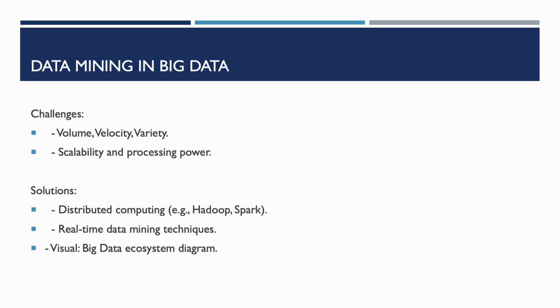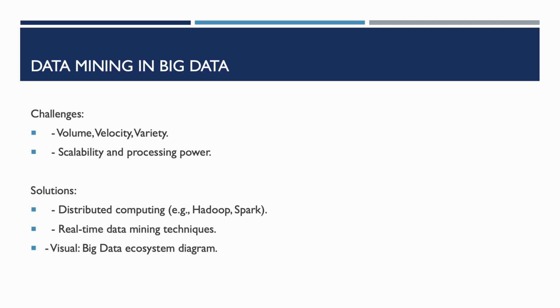Hadoop's HDFS, the Hadoop Distributed File System, stores big data, while Spark's in-memory processing capabilities make it faster for real-time analysis. So one is useful for storing big data, and the other is good for in-memory processing, which is faster for real-time analysis.